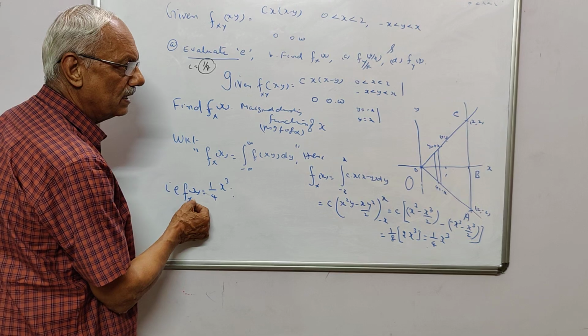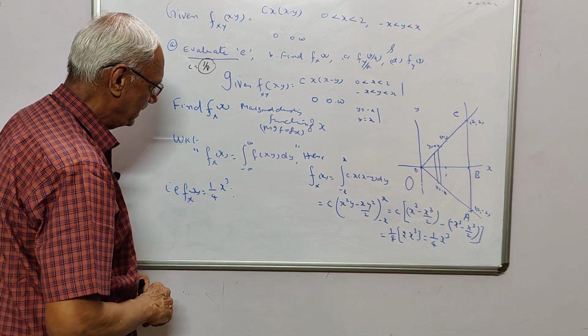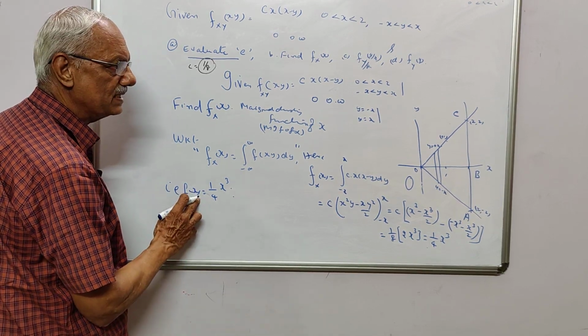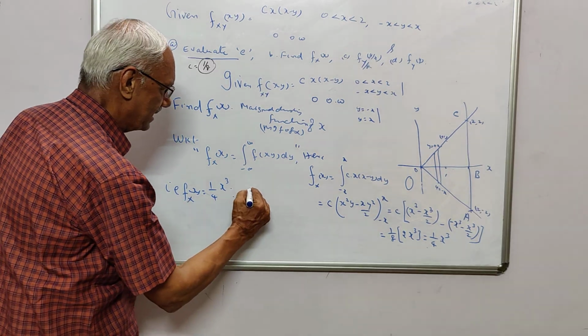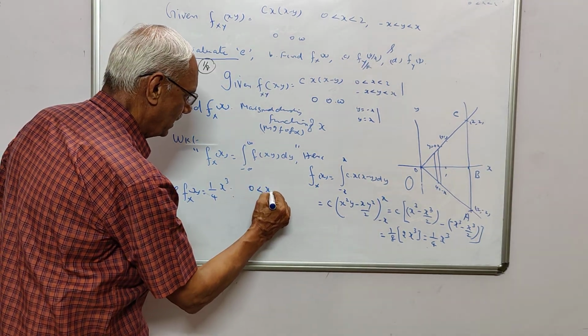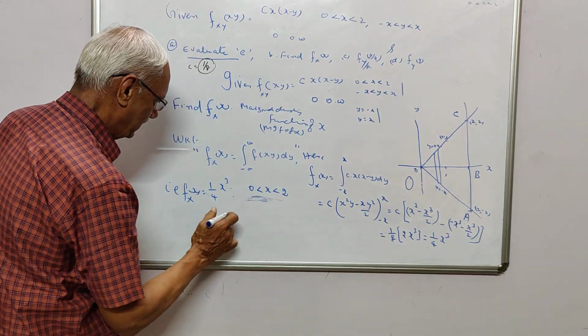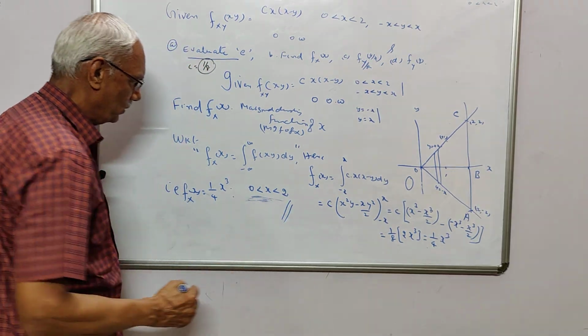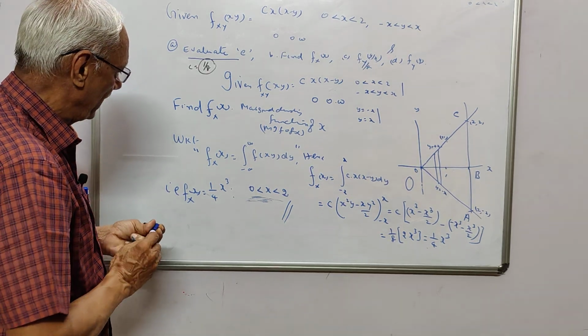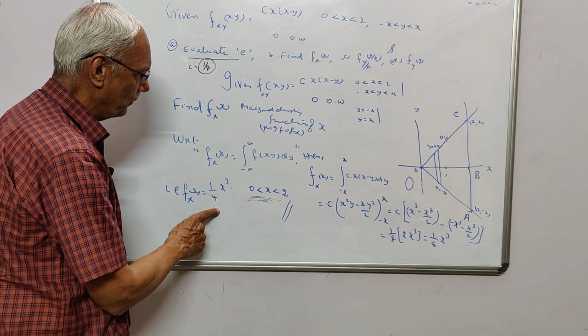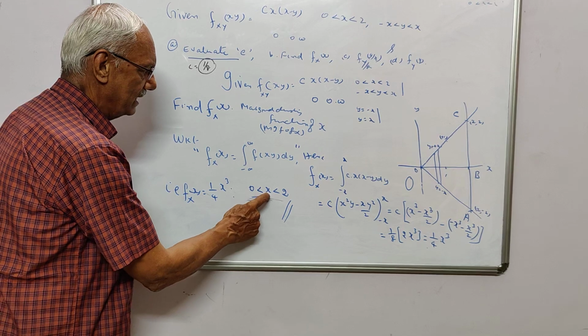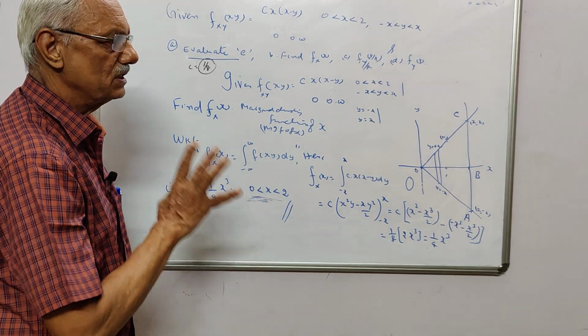So what is the interval in which this x is evaluated? So this x is ranging 0 less than x less than 2. So this is the answer. So what is your marginal density function of x? It is 1 by 4 of x cubed for 0 less than x less than 2. So this is what we get.